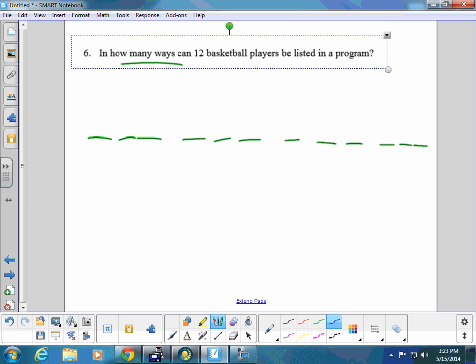So you wouldn't draw a tree diagram with 12 spots and then 11, and it just doesn't make sense that way. This is a permutation question, so this is 12 things permutated 12 in 12 spots.